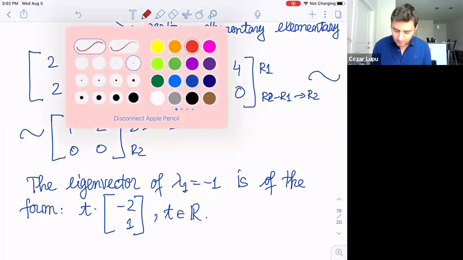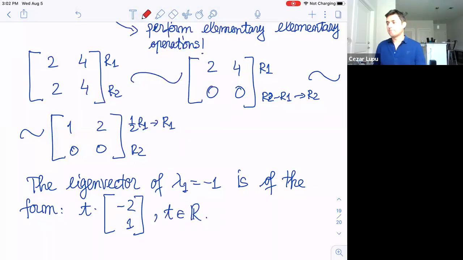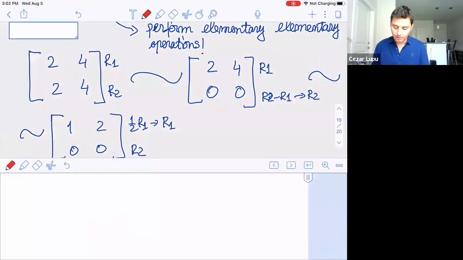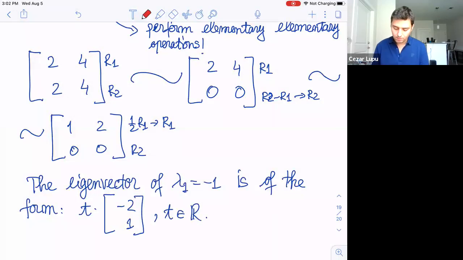In other words, it will be for a non-zero scalar t. Let's keep this in mind.